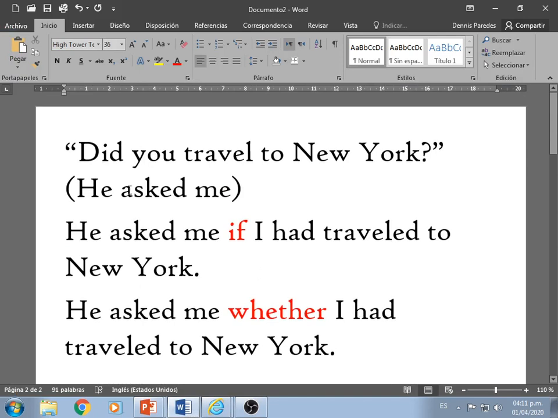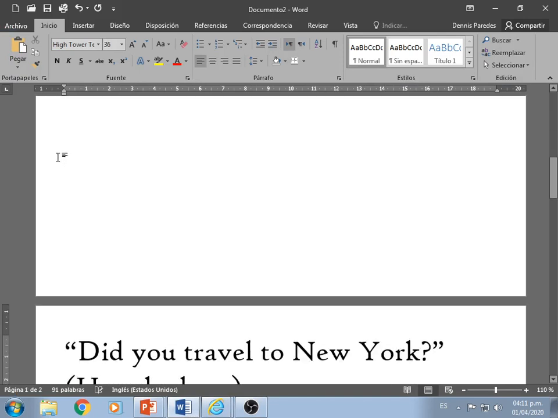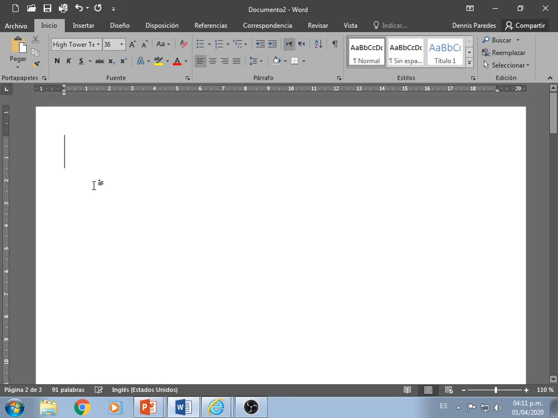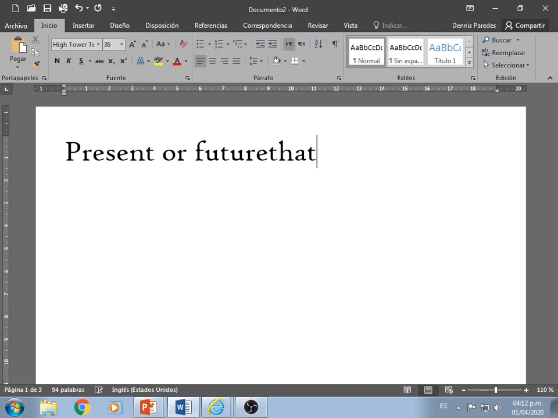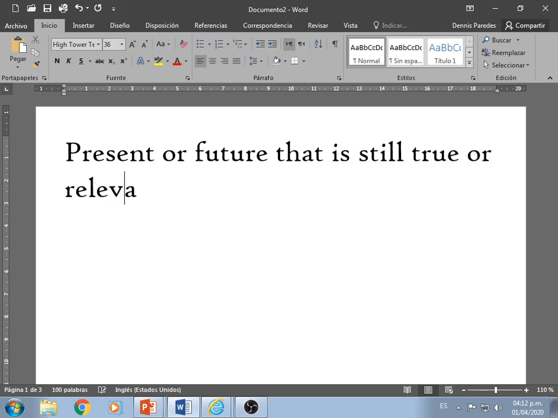So there are two cases in which we are not going to report information by shifting the tense, and that is going to be in the present or future when something is still true or relevant.